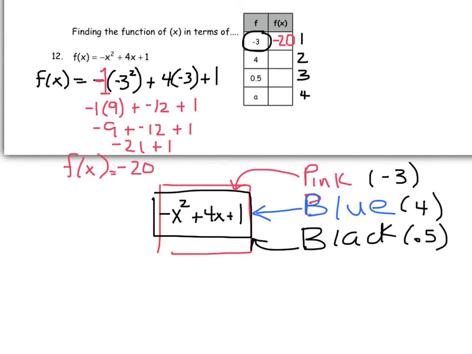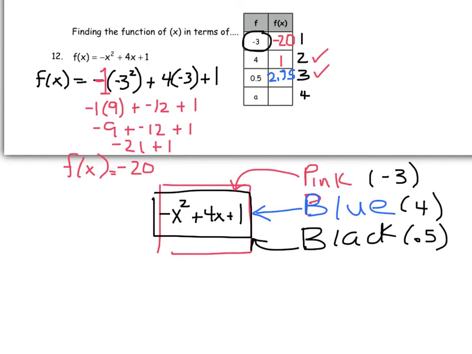All right, so I want you to go do the second one and the third one, and you're going to need to show your work, and then we'll talk about the last one. All right, so when you plugged in the 4, and I can't erase any of this, so I'm sorry, I'm still learning how to mess with this program, but when you plugged in 4 for the X, you got a -16 plus a +16 plus 1.